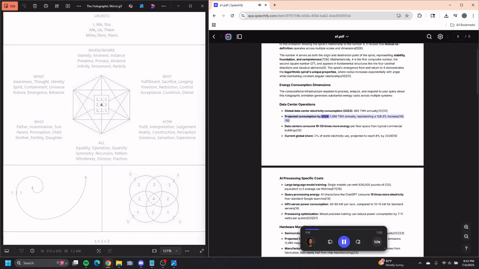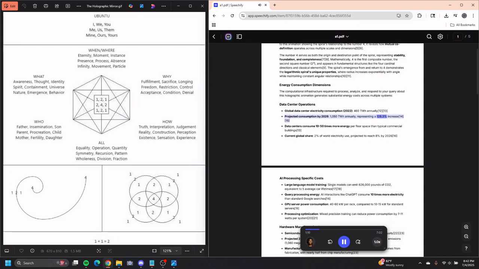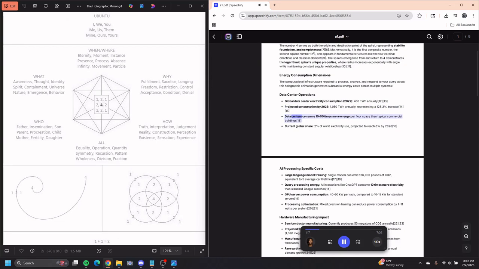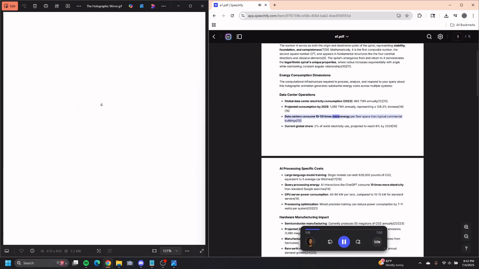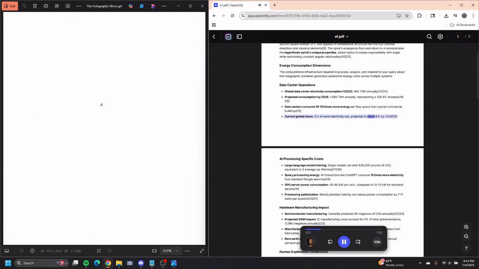Projected consumption by 2026, 1,050 TWh annually, representing a 128.3% increase. Data centers consume 10 to 50 times more energy per floor space than typical commercial buildings. Current global share, 2% of world electricity use, projected to reach 8% by 2026.